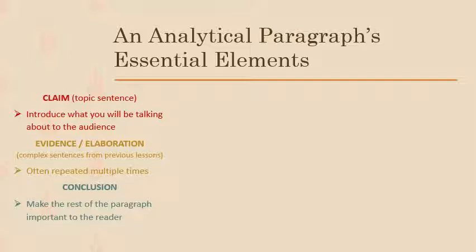Let's imagine that we have 3 pieces of evidence, and each of those pieces of evidence has its own sentence of elaboration. We're talking at minimum 8 sentences for those 3 pieces of evidence. Now, does that mean that every time it's going to work out that perfectly? No, but on average, you'll probably end up with approximately that many sentences in a well-done analytical paragraph.